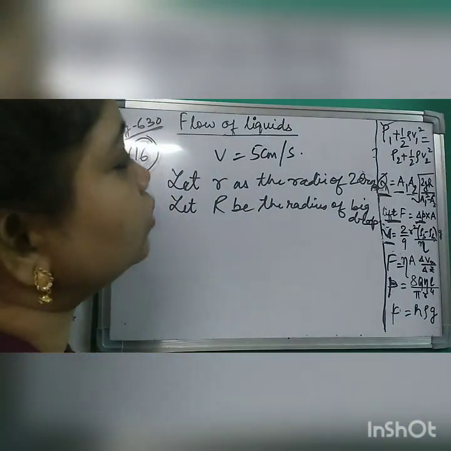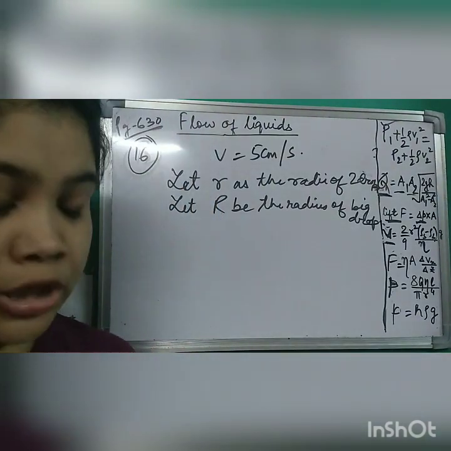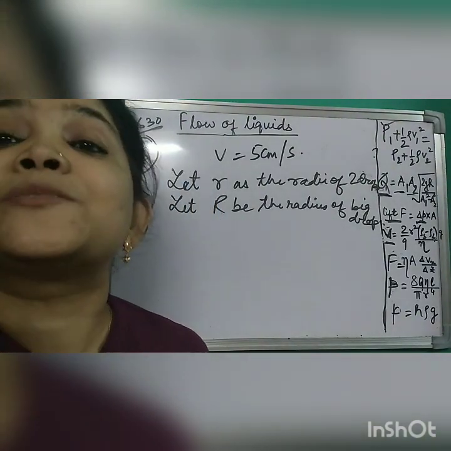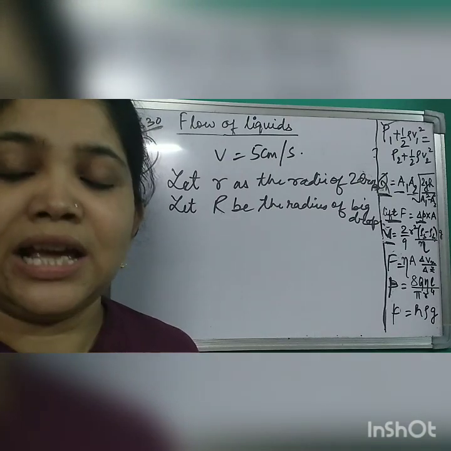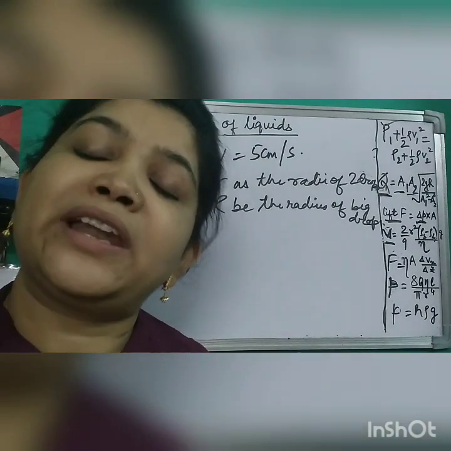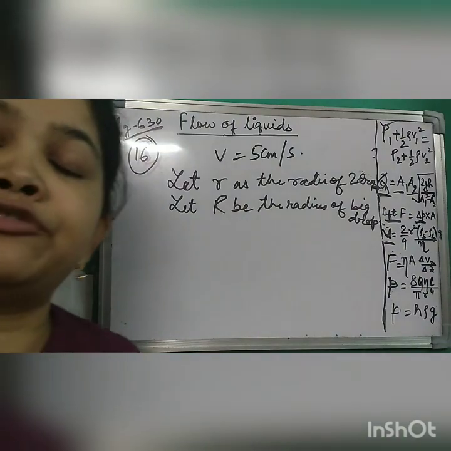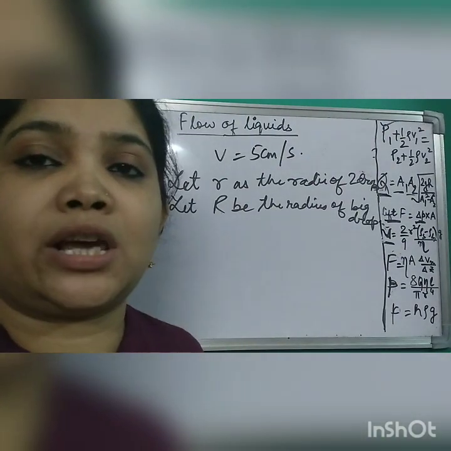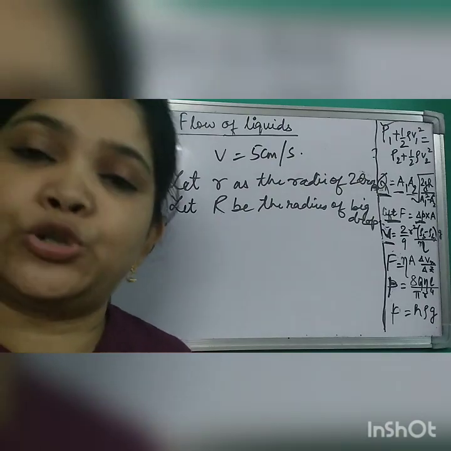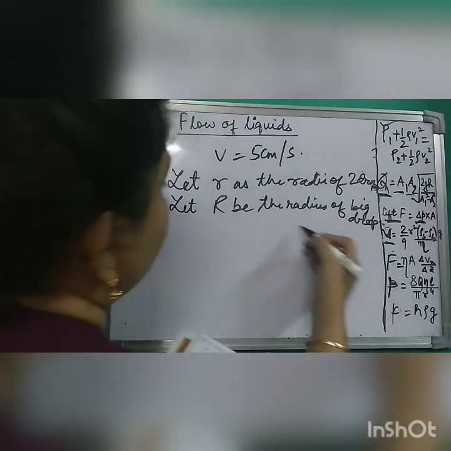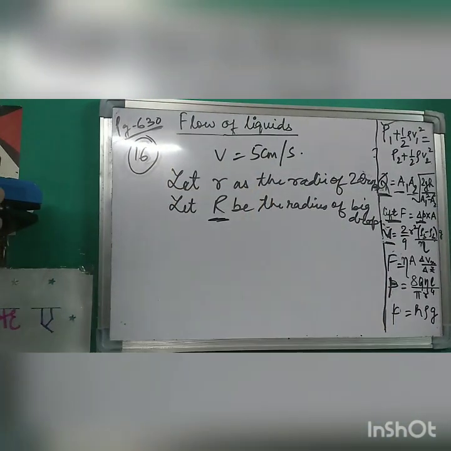Now you know that the raindrop which falls is spherical in shape, right? So 2 spherical drops join together to form one spherical drop. We have taken capital R as the radius of the bigger drop and small r as the radius of the smaller drop.